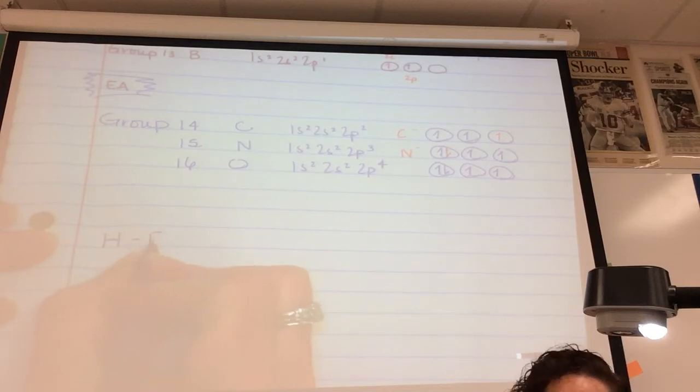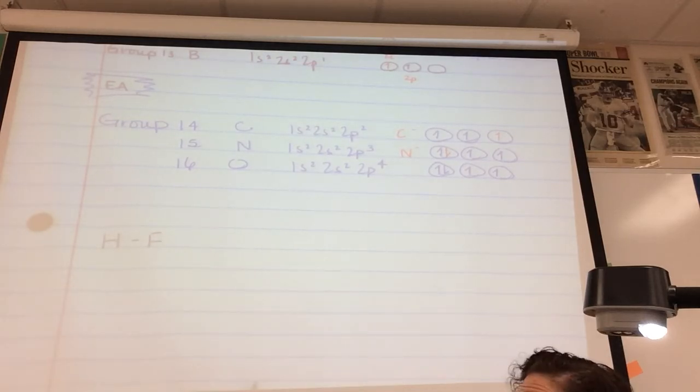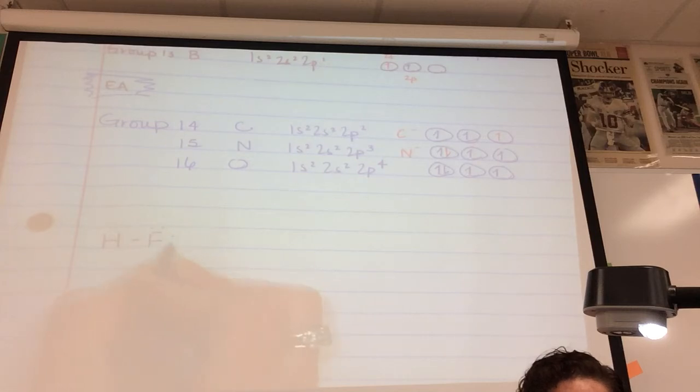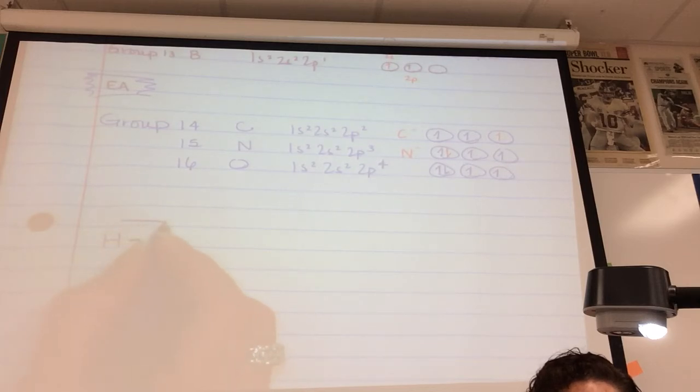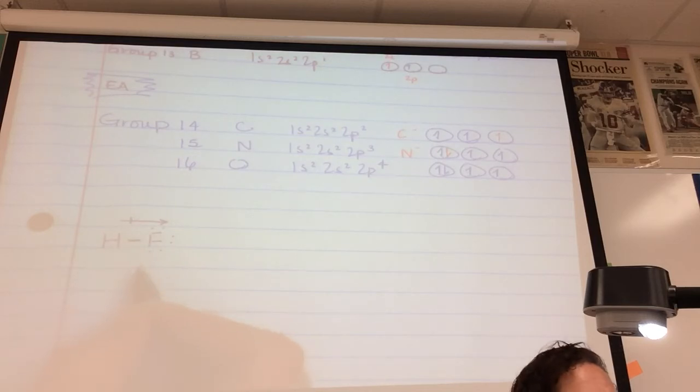So, for example, if you have hydrogen fluoride, you're looking at the atom's ability to attract bonding electrons to itself. Fluorine is more electronegative than hydrogen, and those bonding electrons are pulled more toward fluorine than hydrogen. So electronegativity is the ability of a bonded atom to draw bonding electrons to itself.